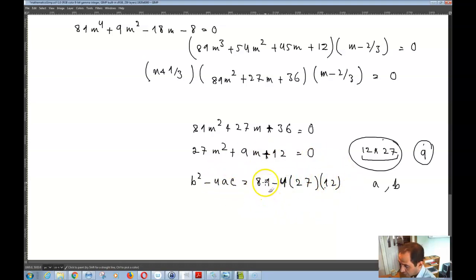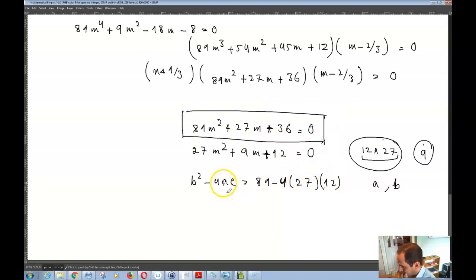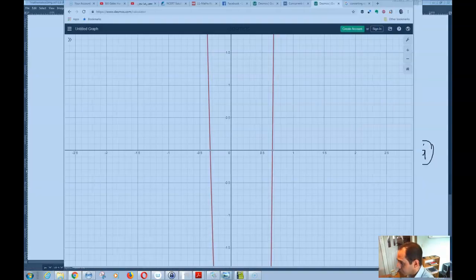So that means that you will have two imaginary roots related to this polynomial. Of course, we cannot do anything with the imaginary roots, and you can see the same thing from here as well.